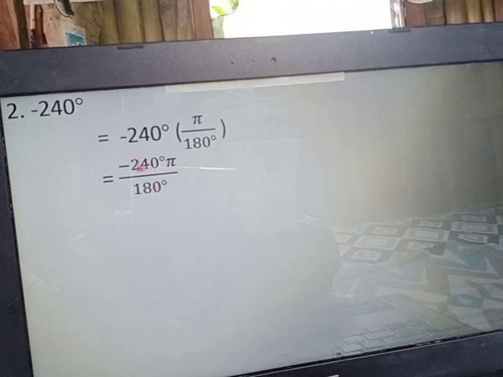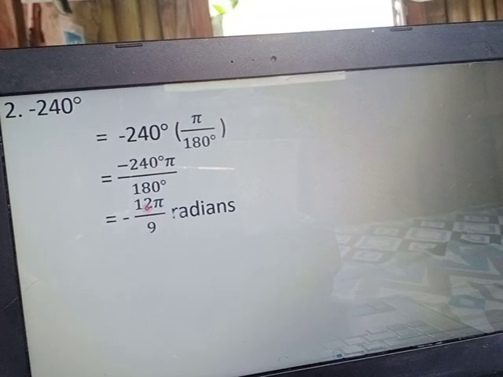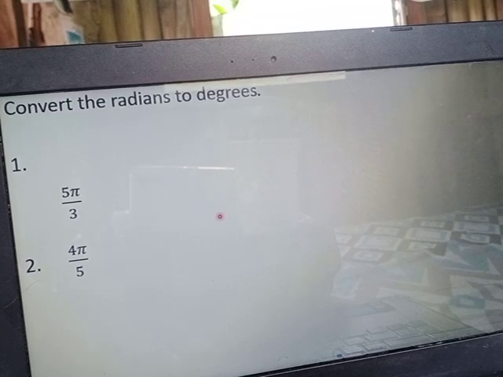What number can we divide 240 and 180 by? We divide by 20. So 240 divided by 20 is 12 pi, and 180 divided by 20 is 9. Therefore, we have negative 12 pi over 9 radians.